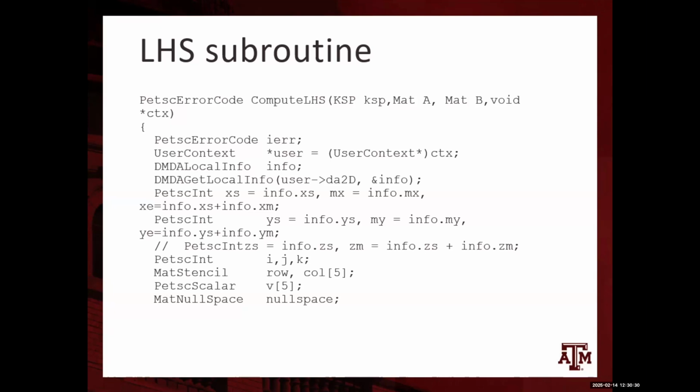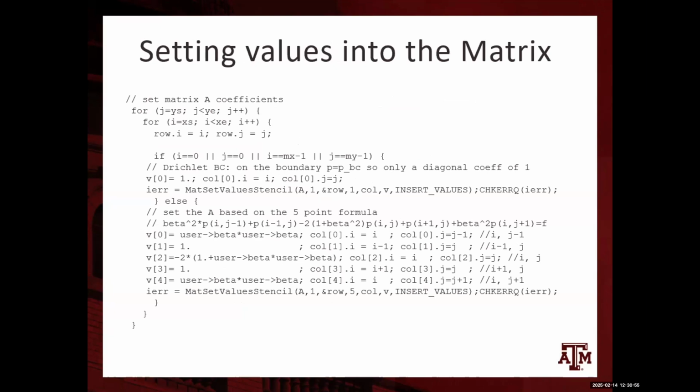Row is the row of that matrix. Column is the columns within that row, and we are going to use 5 of those. And then PetscScalar, that's just a scalar value, again size 5. And then MatNullSpace, we're going to need it if you're using Neumann conditions. We're going to talk about that as well. So copy and paste this in as a new subroutine, and then we're going to set the coefficients for matrix A in here.